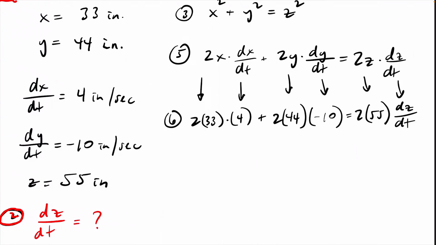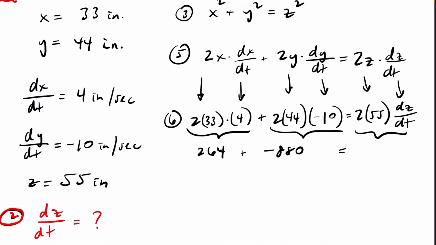So I'm going to be doing some multiplication, some addition, and then a little division. This is evil. So here we go. That times that is 264. You can use your calculator to do that if you want to. That times that is negative 880. And then this times this is 110 times dz over dt.